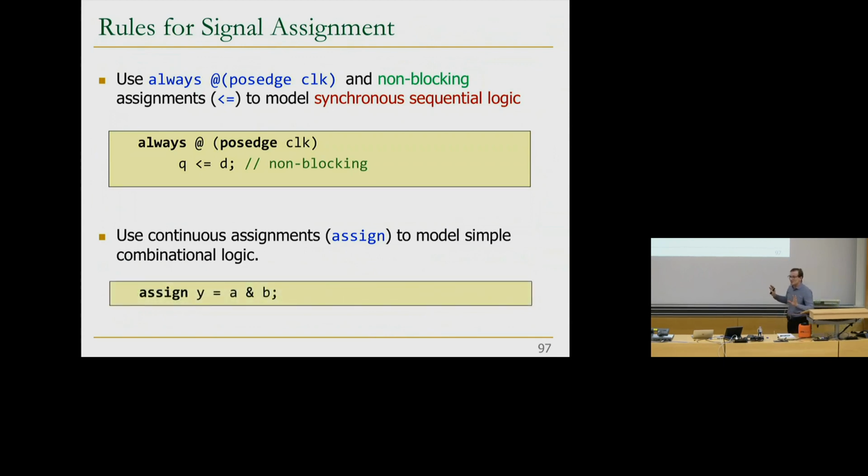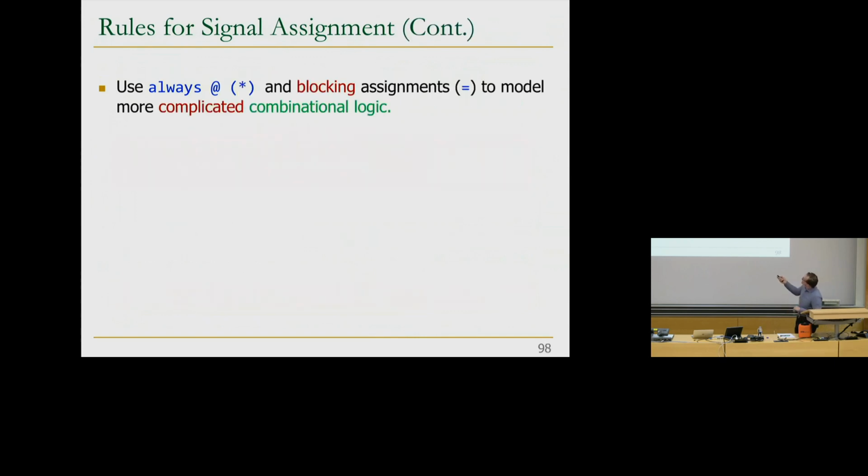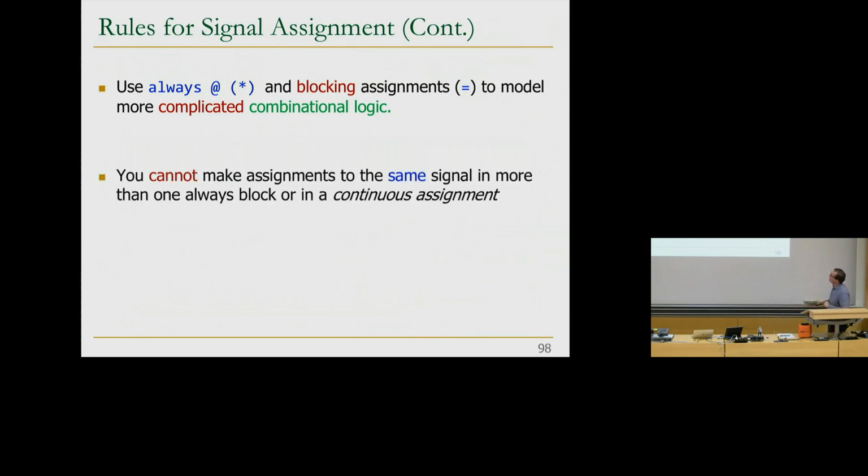That's what I would suggest doing, and not going very complicated in this course. Unless you're a really well-seasoned designer who has experience, I would suggest keeping things simple. If you want to do more complicated combinational logic, which in some cases you may need, use something like this: always at and blocking assignments.